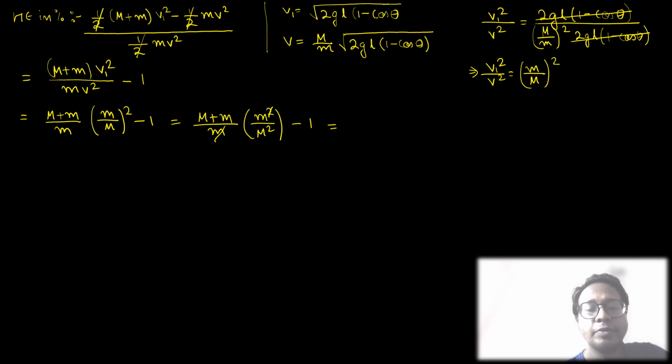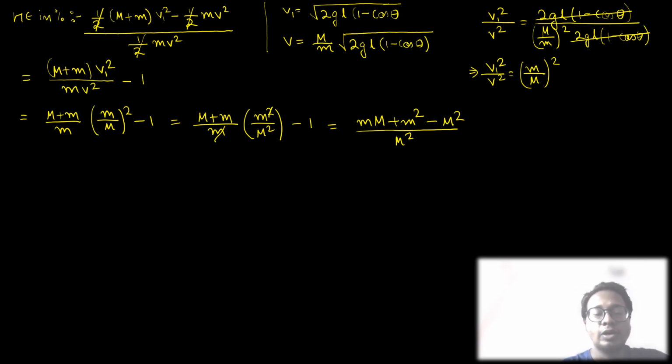I have to multiply this M, no? So M plus m, square minus M square by M square. What I have done out here is taken this as LCM and proceeded to find out the entire value.